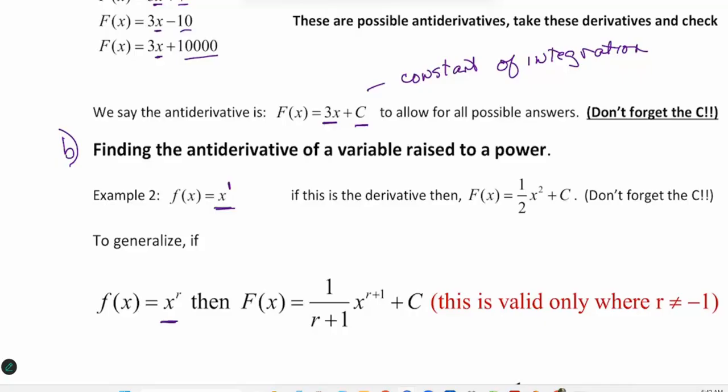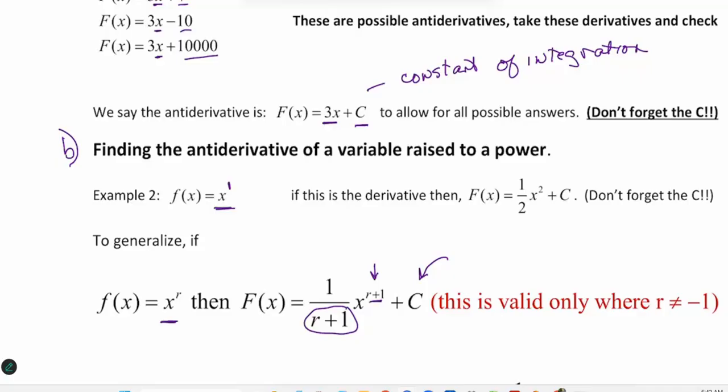Remember, in taking the derivative, we subtracted 1. So when we do the antiderivative, we're going to add 1. So here's adding 1. Not only are we going to do that, but you're going to create a divisor that's going to be equal to the power your x is now raised to. And then don't forget the constant of integration.